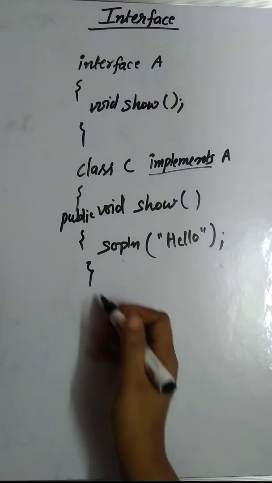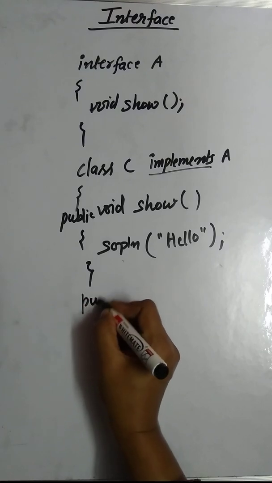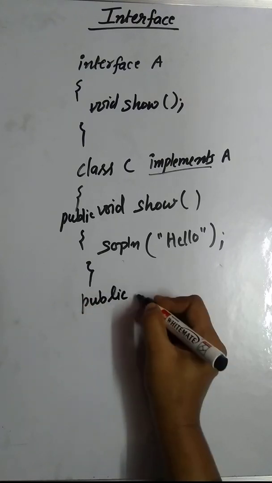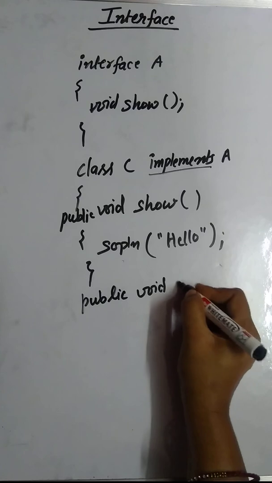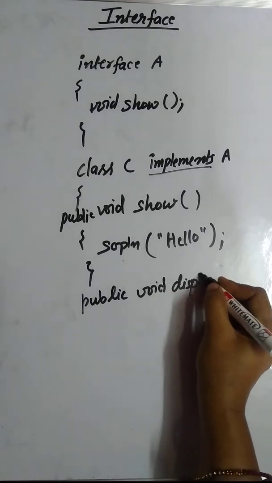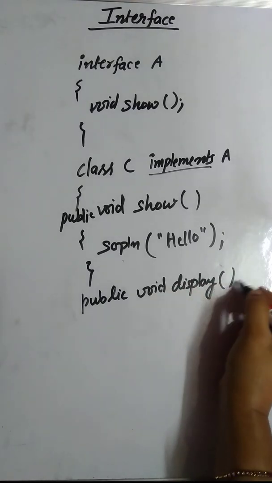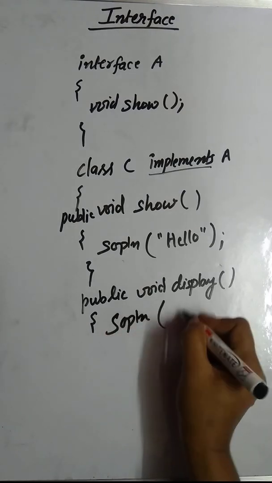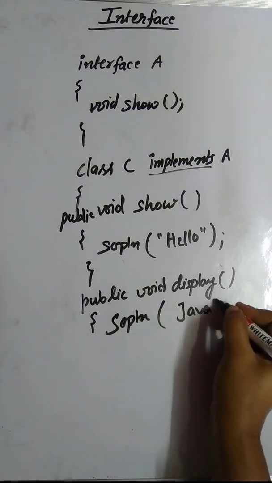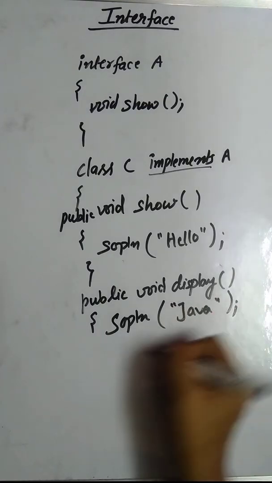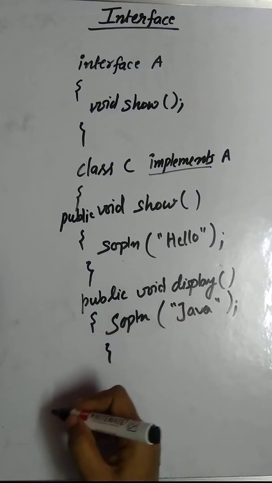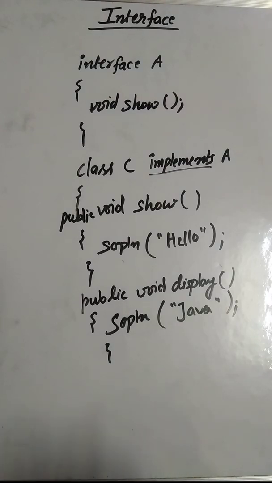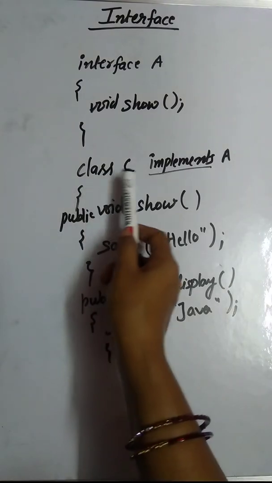We have one more function within this class, public void display. In the display method we print Java with SOPLN. Close this method.